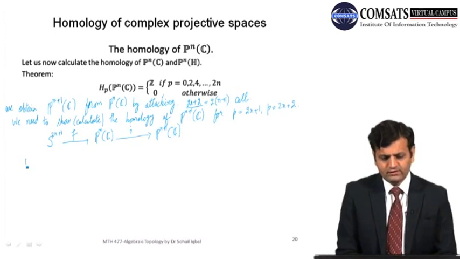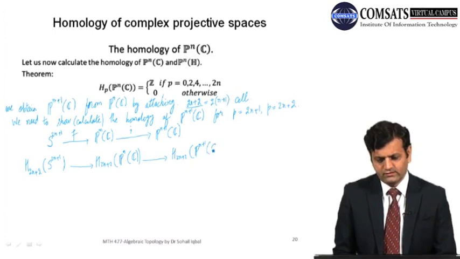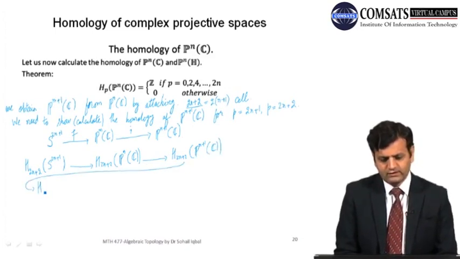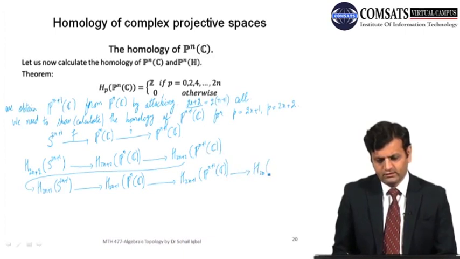Using this we consider the following exact sequence: H_{2n+2}(S^{2n+1}) goes to H_{2n+2}(P^nC), this goes to H_{2n+2}(P^{n+1}C), and this goes to H_{2n+1}(S^{2n+1}), and this goes to H_{2n+1}(P^nC), and this goes to H_{2n+1}(P^{n+1}C), and this goes on to H_{2n}(S^{2n+1}) and so on.